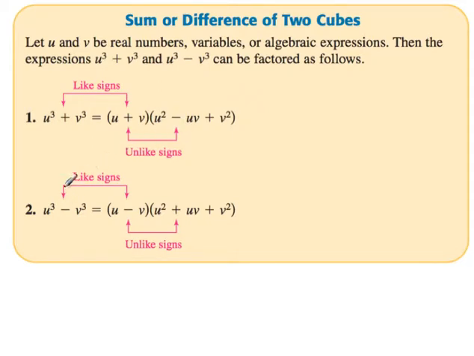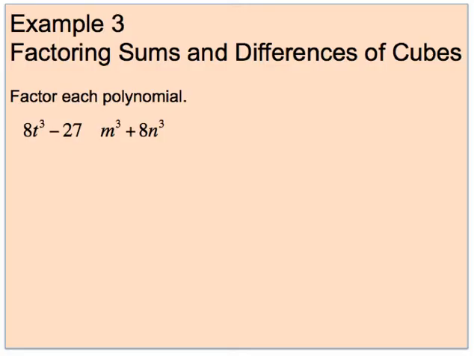If we have a minus sign between the two terms, then we end up with a minus in the binomial, and these two signs also still have to be different. The other thing you'll notice here is that the final symbol is always a plus sign. Let's take a look at a couple examples.